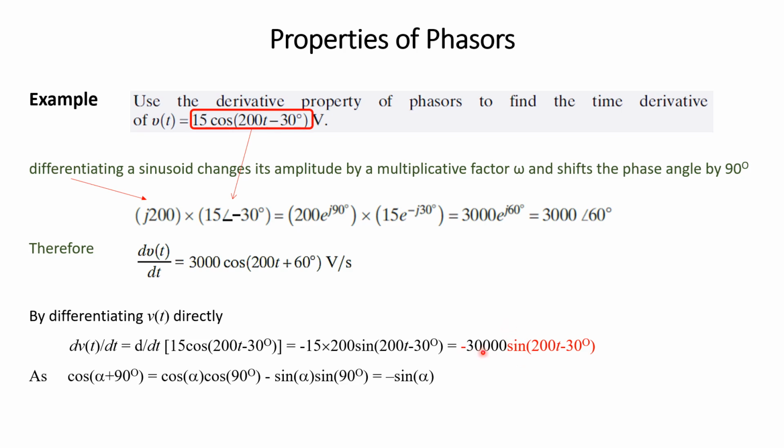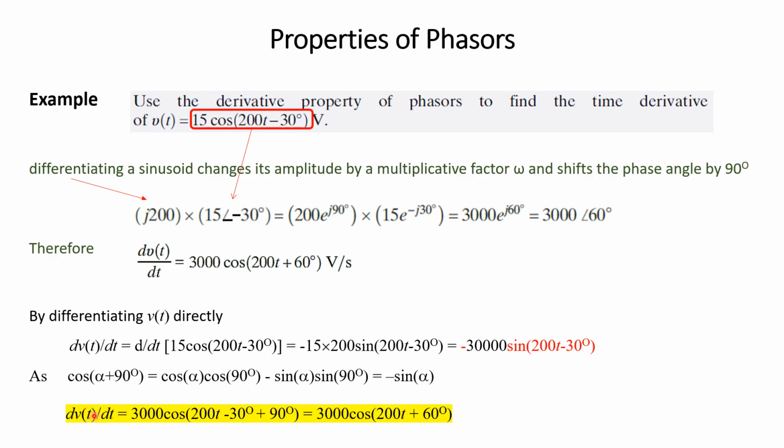So we take this minus sine. We know that cosine of alpha plus 90 is cosine alpha cosine 90 minus sine alpha sine 90, and since cosine 90 is equal to 0 and sine 90 is 1, cosine of alpha plus 90 degrees is equal to minus sine alpha. So minus sine, whatever the argument, we consider it as alpha.